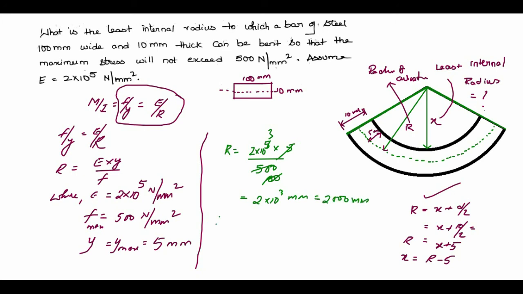Therefore, what is the value of x? X is equal to R minus 5, which is equal to 2000 minus 5, which is equal to 1995 mm. So 1995 mm is the least internal radius, which you can also write as 1.995 meter. This is the x value, right?